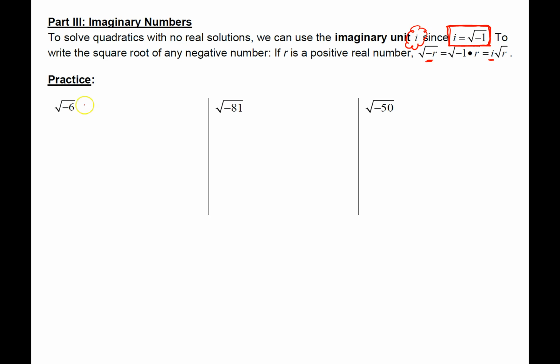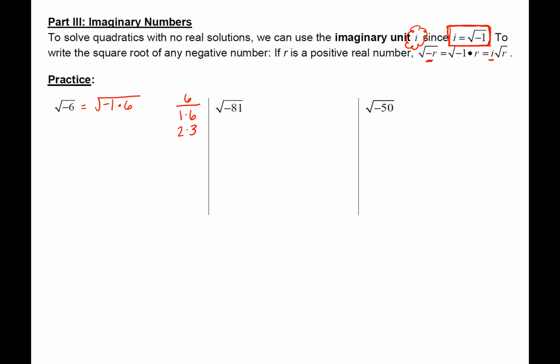First, I'm going to rewrite the square root of -6 as the square root of -1 times 6. Then I'm going to use my method over here to think about things that multiply together to get 6. I have 1 times 6, and I have 2 times 3. None of those are perfect numbers, so nothing's going to come out.